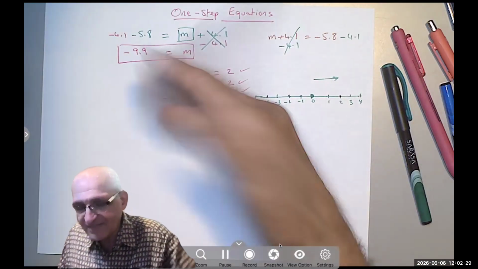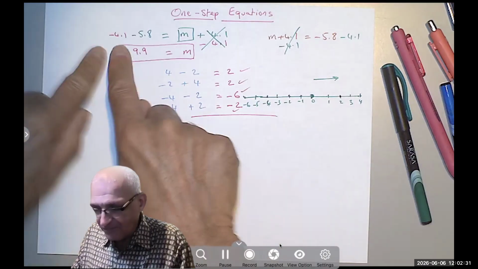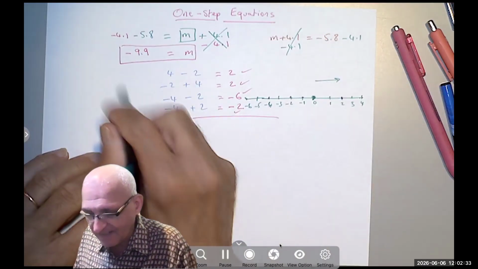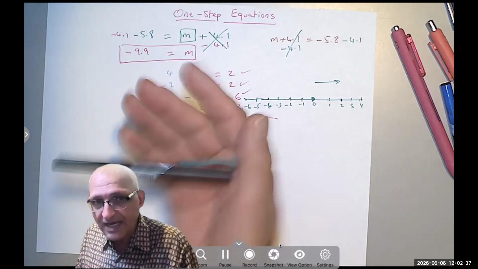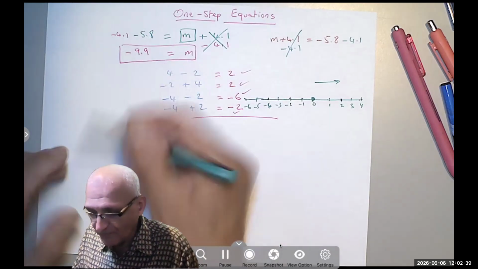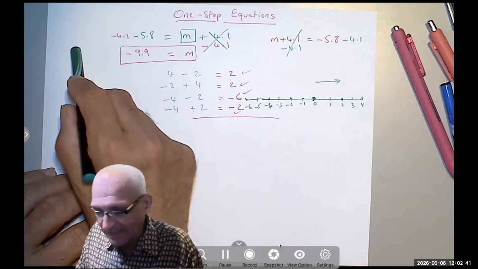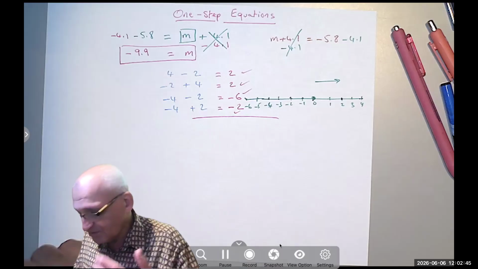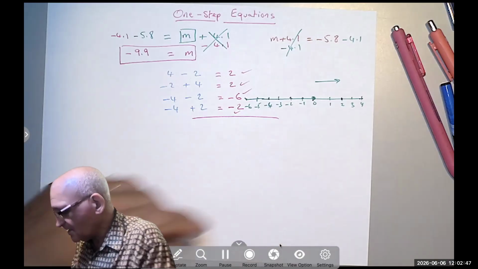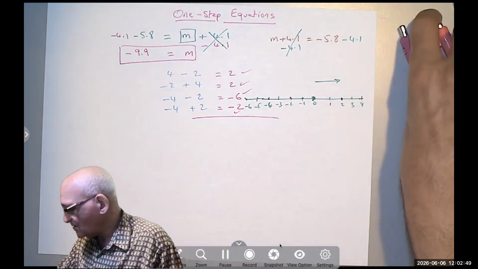Okay, but having said that, this is just for, if I have -4.1 and -5.8, how do I add them? Yes, you move to the left 4.1 and another 5.8, so you move to the left altogether 9.9 units.